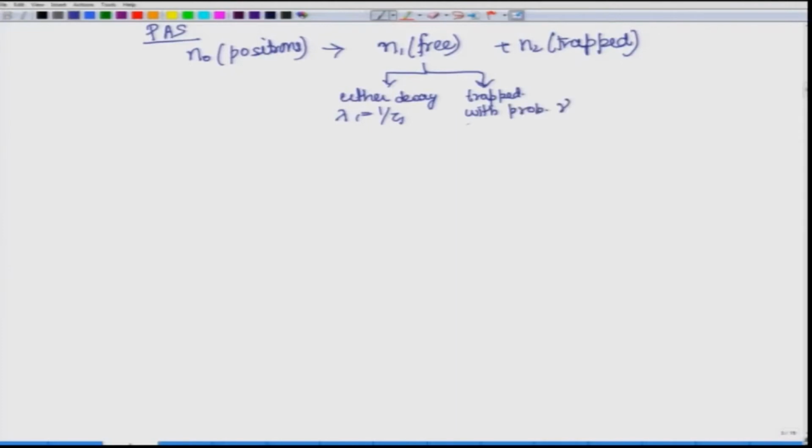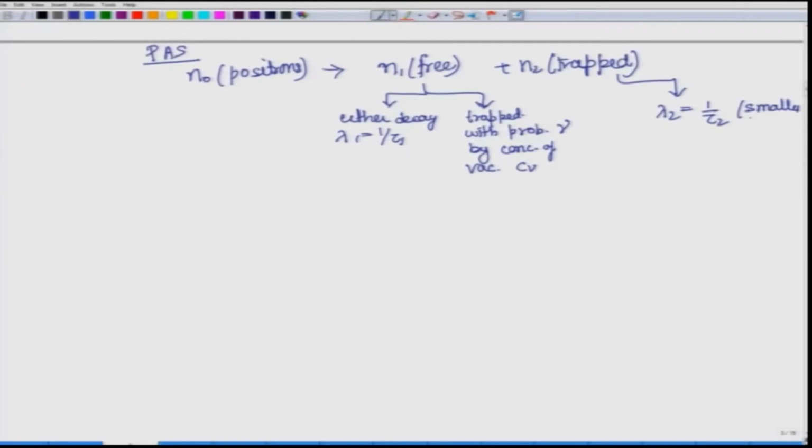So, the probability of getting trapped is nu times the concentration of vacancies Cv. On the other hand, N2 is trapped and it will have some other decay constant, let us say lambda 2, which will be equal to 1 by tau 2, and this lambda 2 will be smaller than lambda 1 because it is trapped.